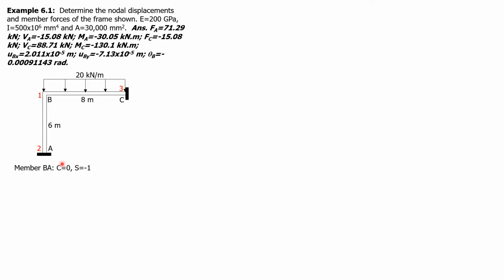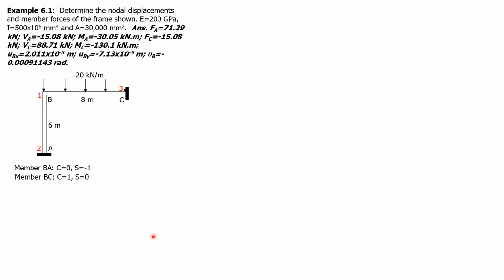The cosine value is 0 because it is vertical going down. The sine is -1 because it is going down. For BC, 1 to 3, it's horizontal, so cosine is 1 and the sine is 0. So there are only 2 members.